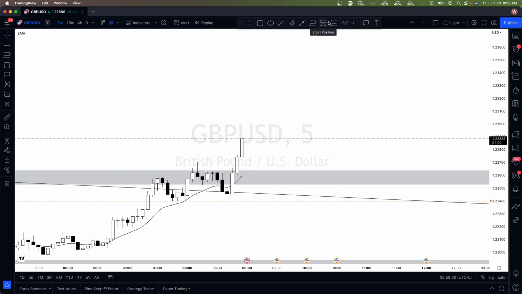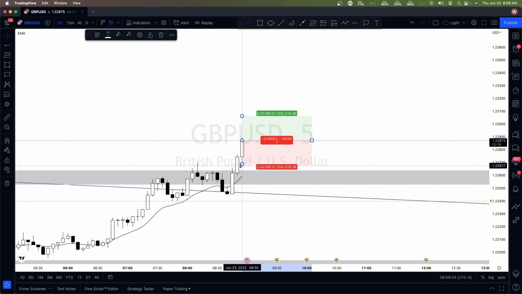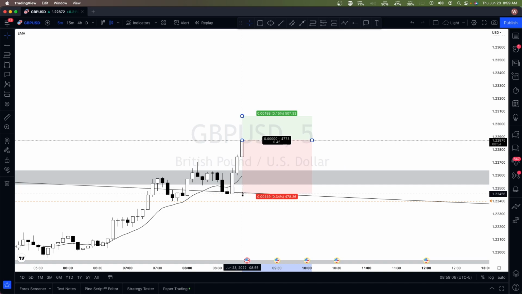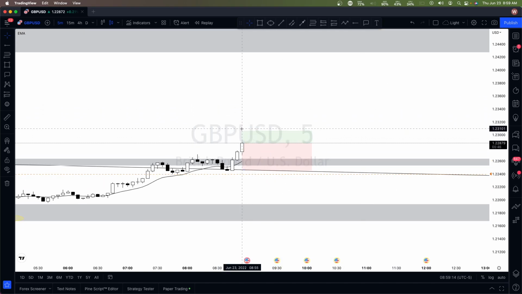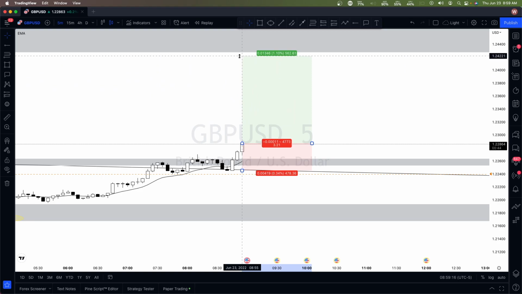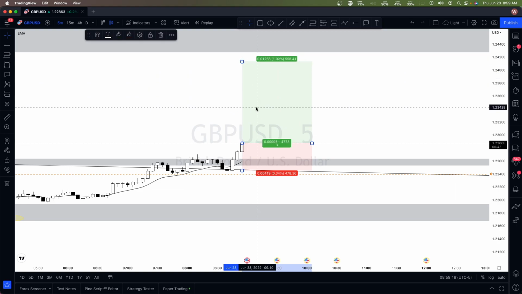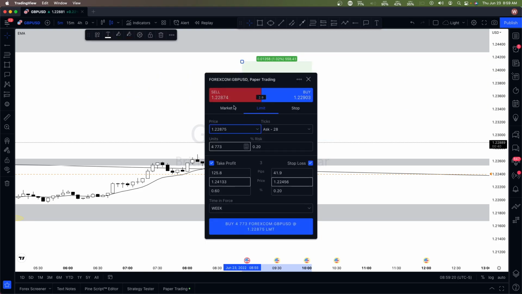I'm going to go and get it now since it is running. Set our stop loss. I'm going to have a tight stop loss right here since it is running, and then a 1 to 2. Look for a 1 to 3 right there. Going to get in now.